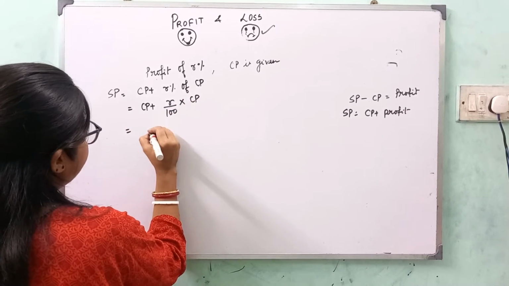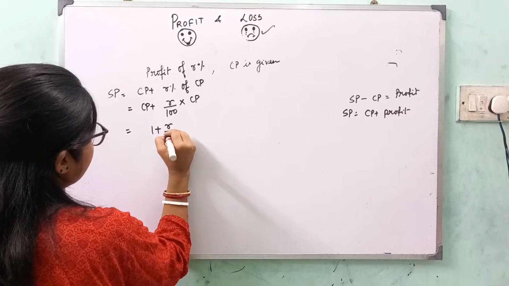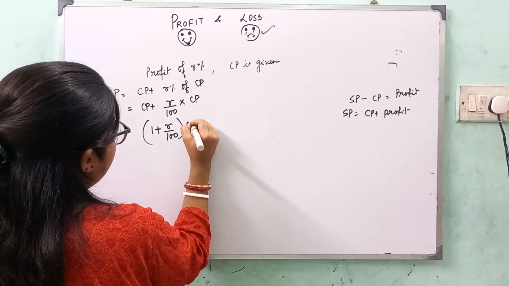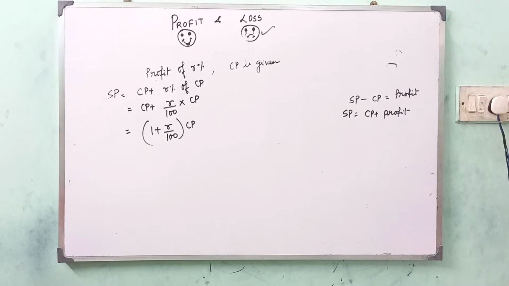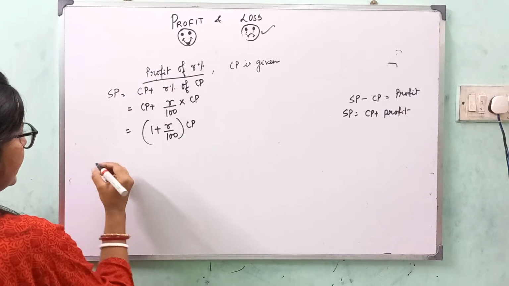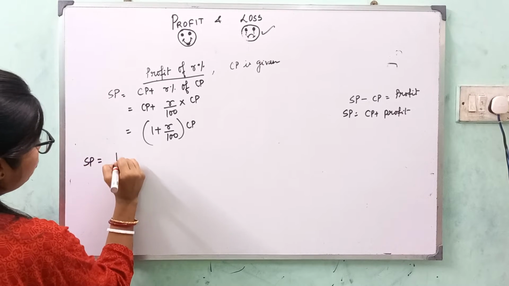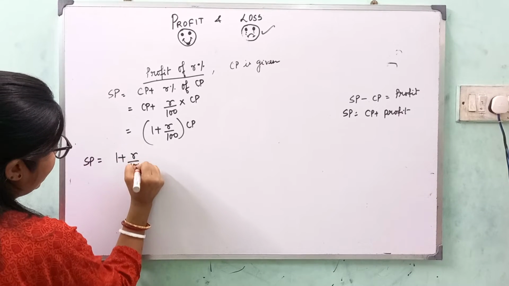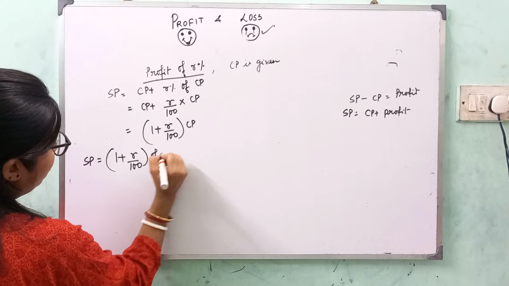If I take CP common, then 1 plus R by 100 into CP is the SP. So when you have a profit of R percentage, your SP is equal to 1 plus R by 100 of your CP.